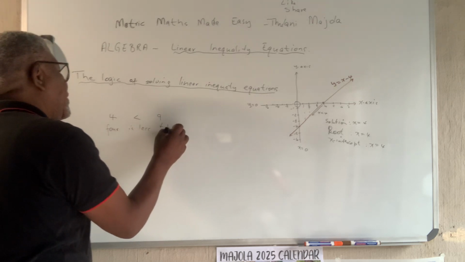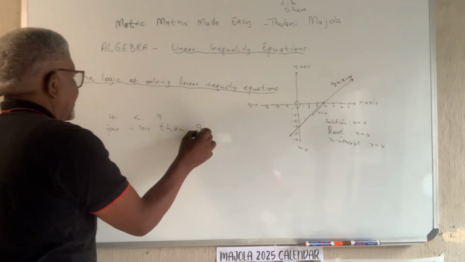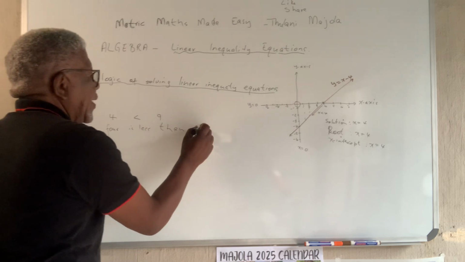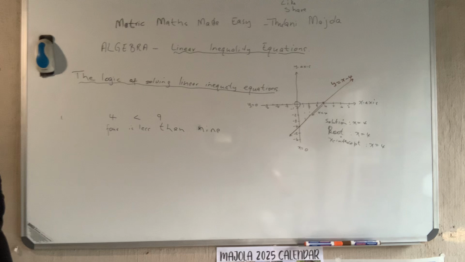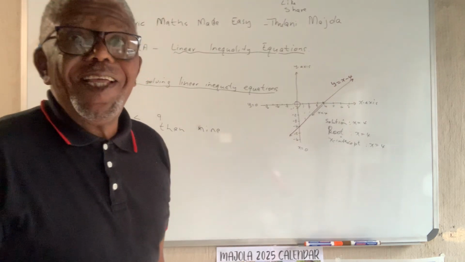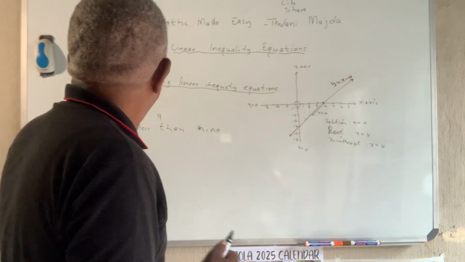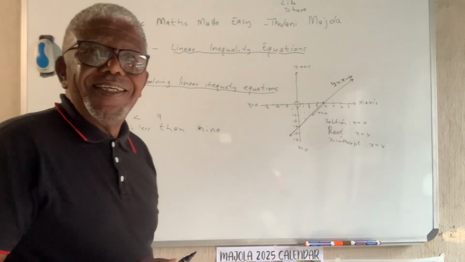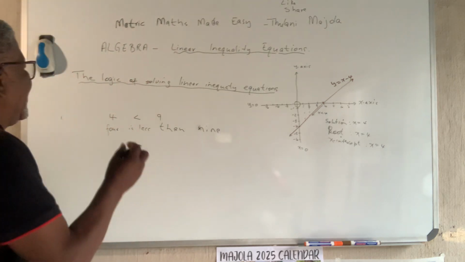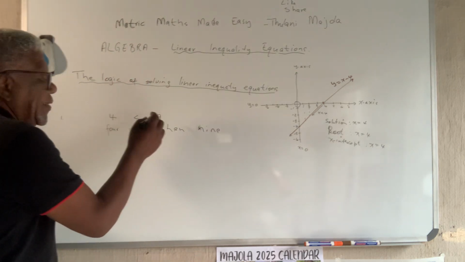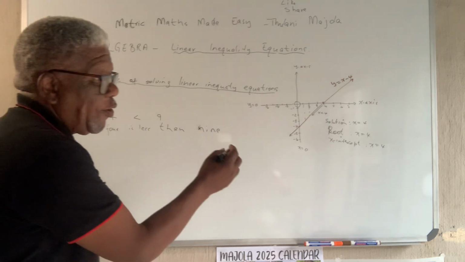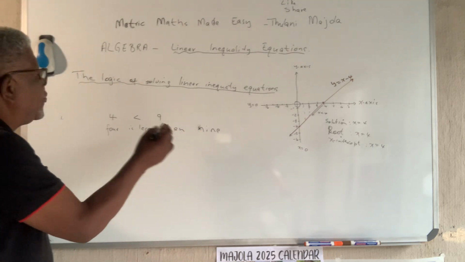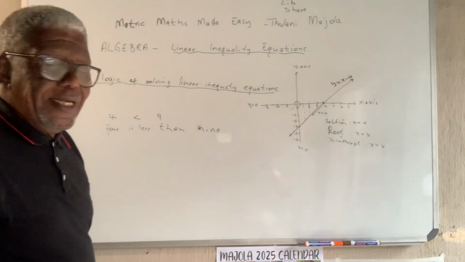This is how you read this maths inequality sentence. So this is a maths sentence which may be true or false. This one is true. The 4 is always less than 9.